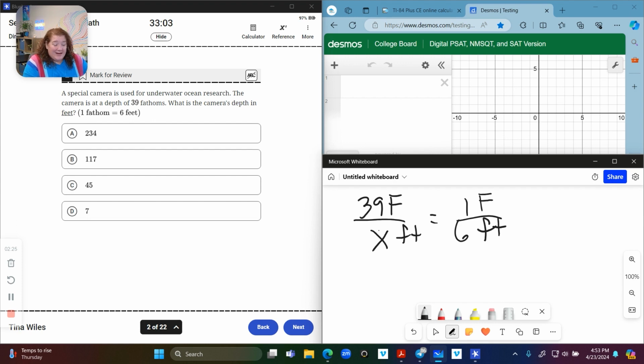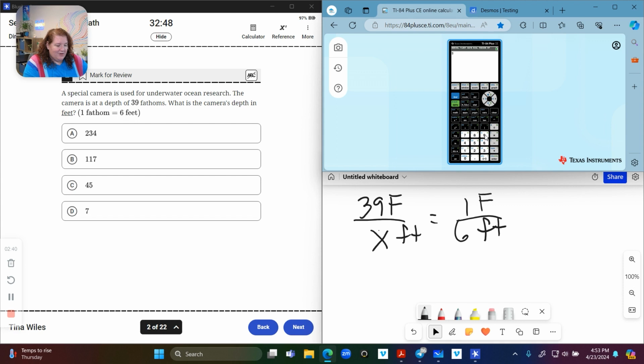This is why I could set it up as a proportion, because I have the fathoms in the same spot and the feet in the same spot. And then when you have fractions set equal to each other, I can cross multiply. So I'm going to do 39 times 6, 234.